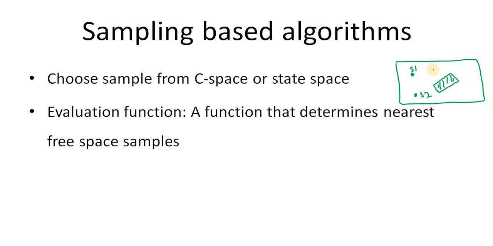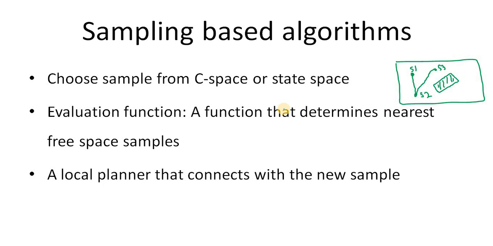Let's say there is one more sample S3 also. Now the evaluation function determines which one is the closest point to S2, either S1 or S3.